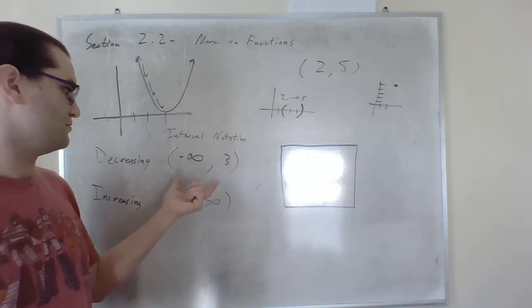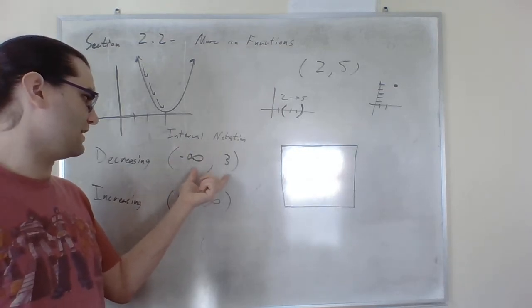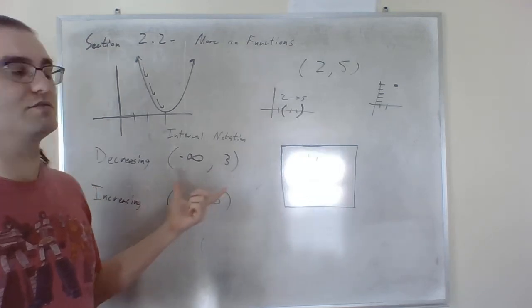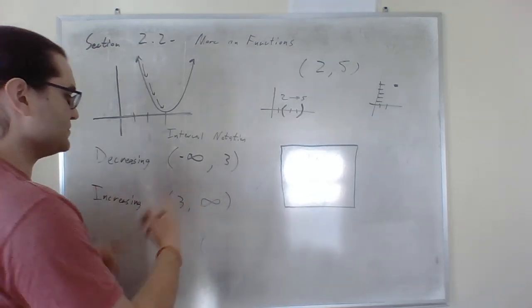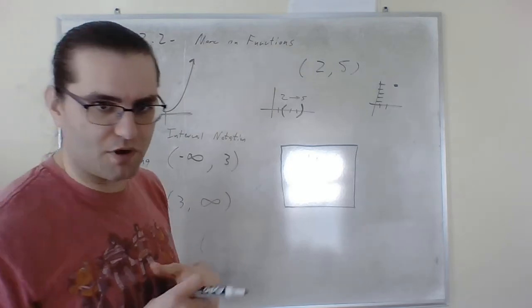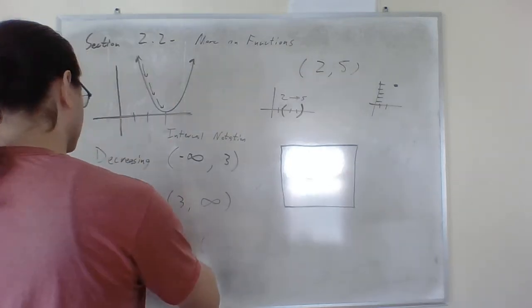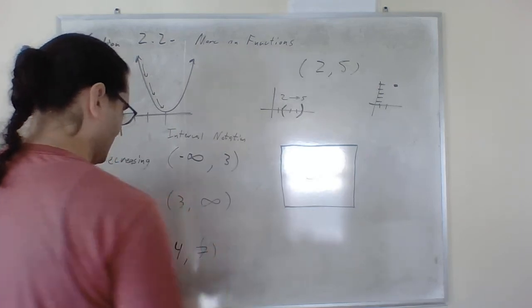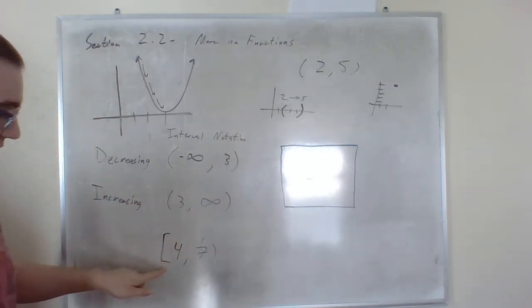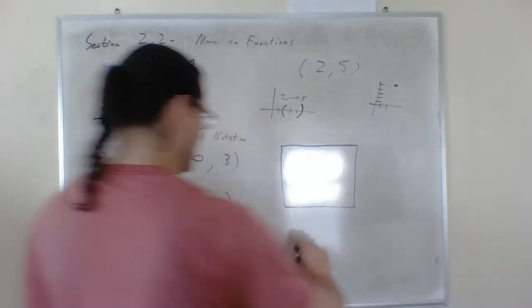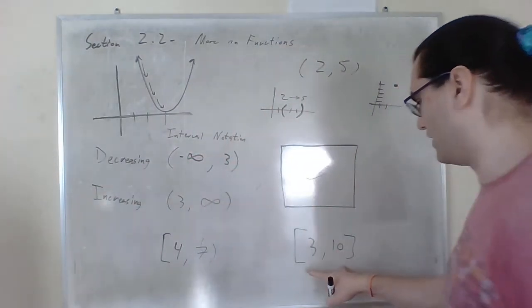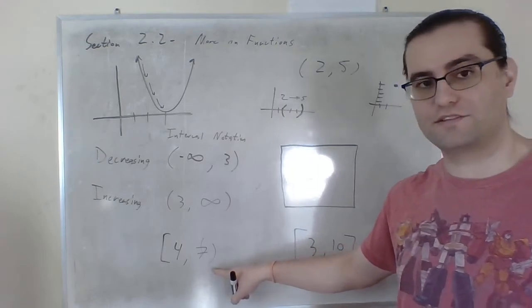Interval notation uses a starting point and an ending point in parentheses to describe intervals. Sometimes you'll see interval notation that has a hard bracket on one side or both sides, perhaps. Sometimes you'll get hard brackets on both sides instead of parentheses.